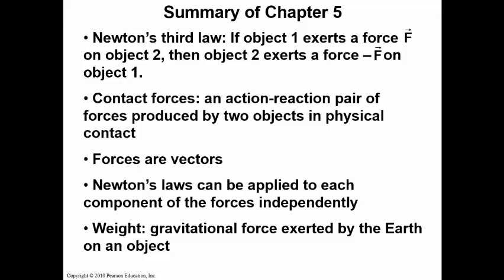Contact forces are action-reaction pairs. If you're talking about a box on a table, the box pushes on the table and the table pushes on the box. If you're talking about the weight of the box, you're talking about the reaction between the box and the earth. The box pulls on the earth and the earth pulls equal and opposite on the box.